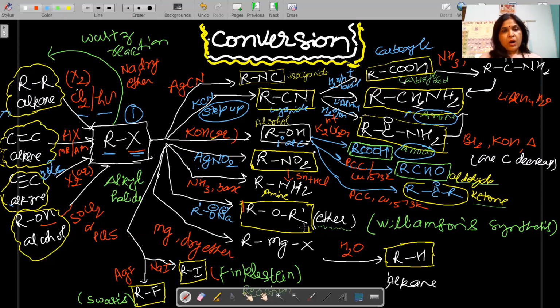One more reaction in alkyl halide: if we add AgF, we get RF. It is a halogen exchange reaction and it is a name reaction called Swarts reaction. If we add NaI, we can get RI, that is called Finkelstein reaction.